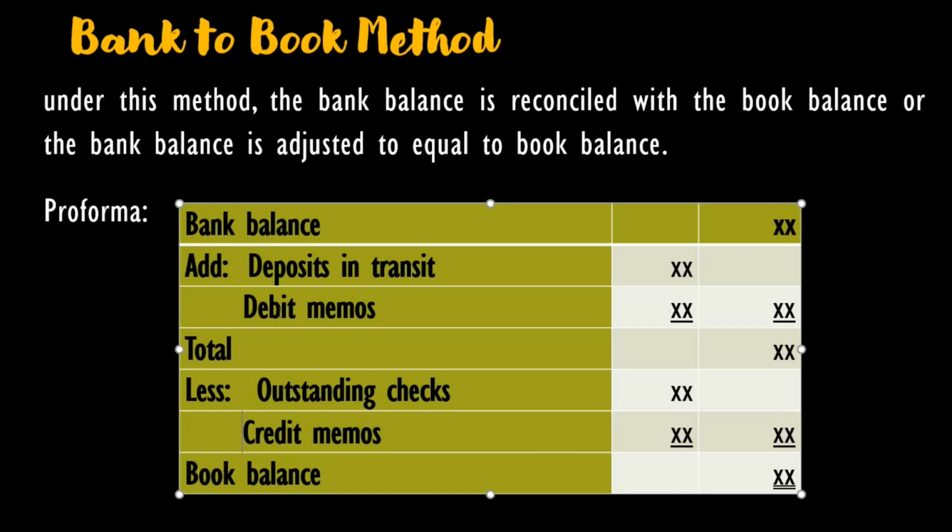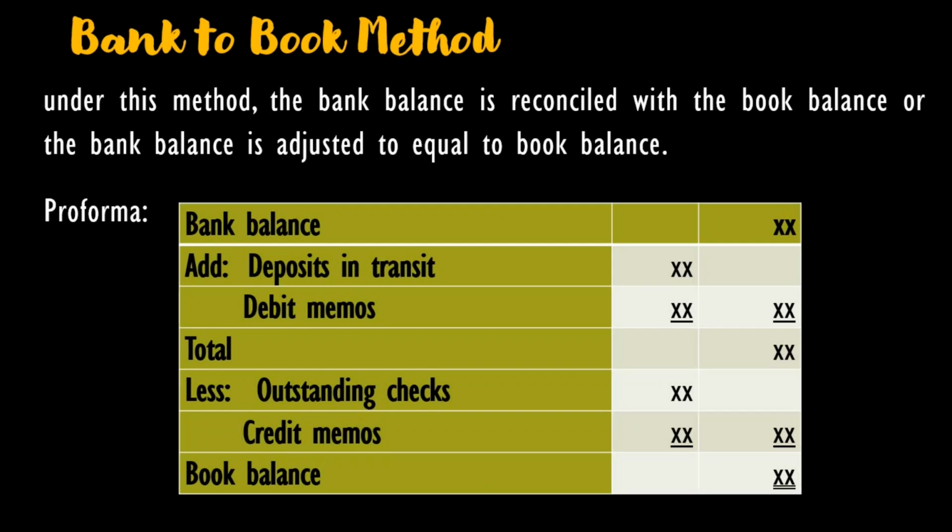Whereas, itong debit memo naman, in-add back natin kasi sa bank balance, deducted na yan, pero sa book balance, wala pa. So, you have to add it back para mag-reconcile yung bank balance mo sa book balance.